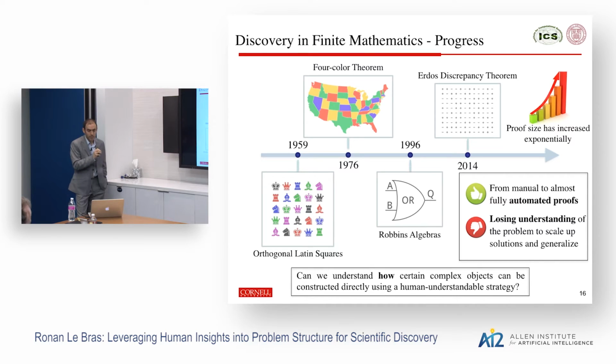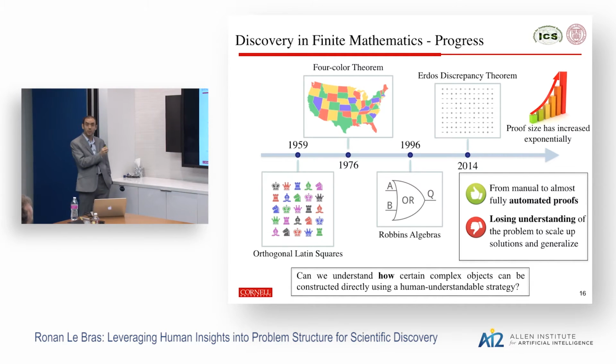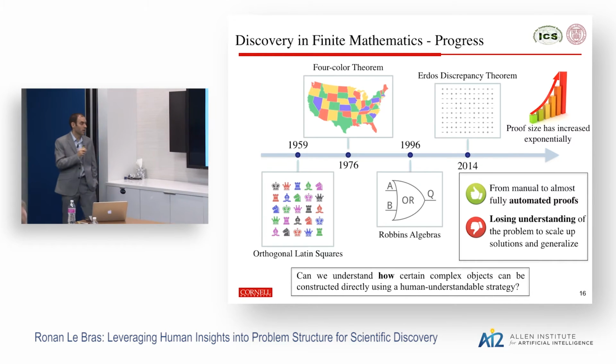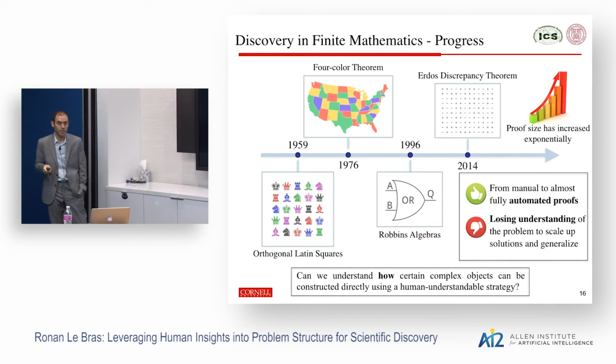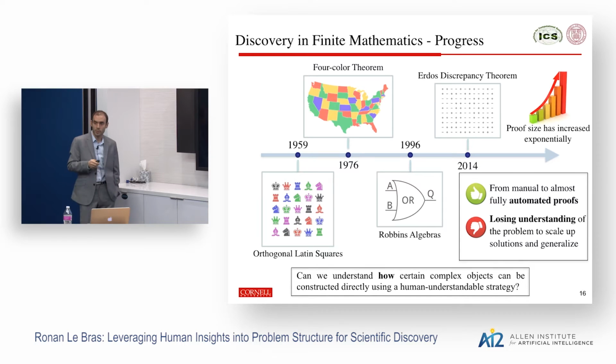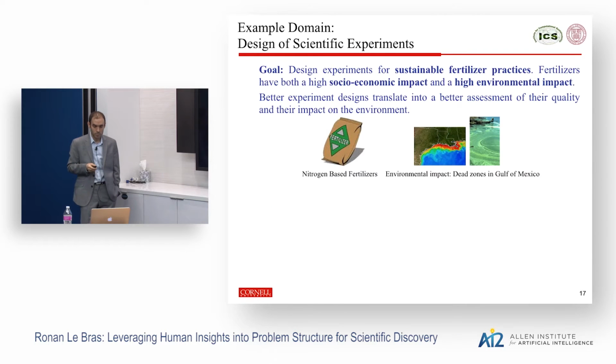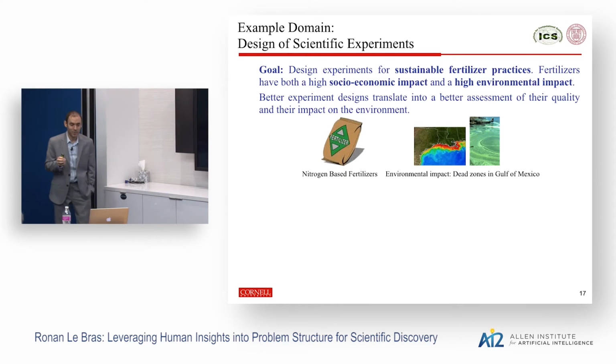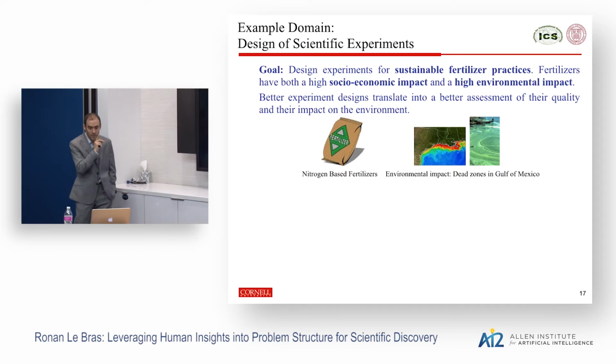And with it, basically all insight that would help us scale up the solutions and generalize the proofs. So the question is, can we understand how certain complex objects can be constructed directly using a human-understandable strategy?